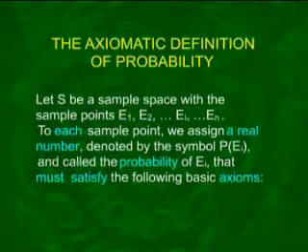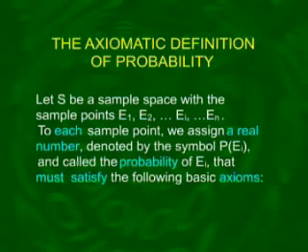This was formulated by the Russian mathematician Kolmogorov as far back as 1933. And as you now see on the screen, this definition says that let S be a sample space of a random experiment with the sample points E1, E2, and so on, up to En.